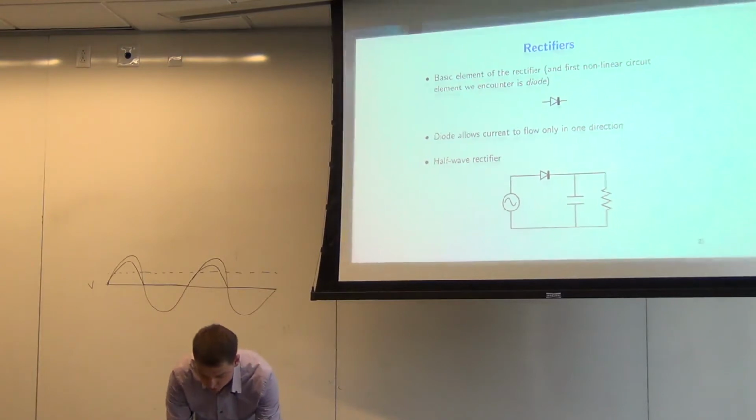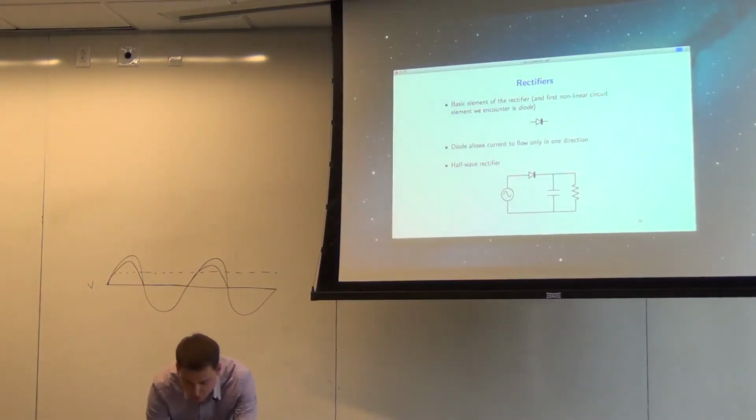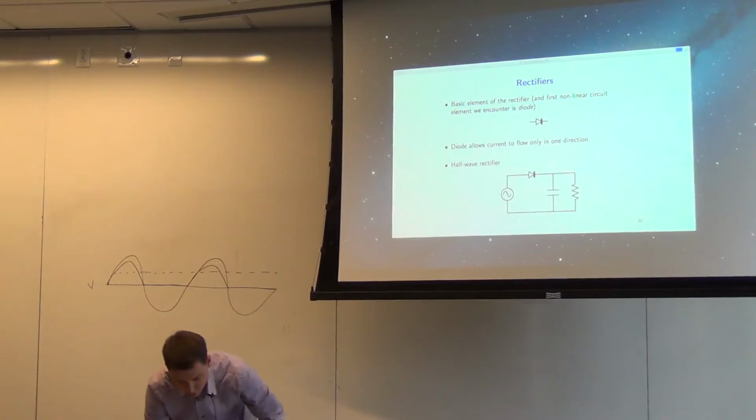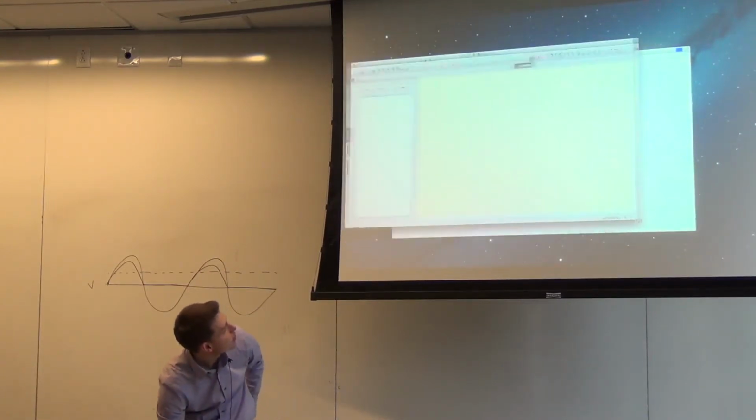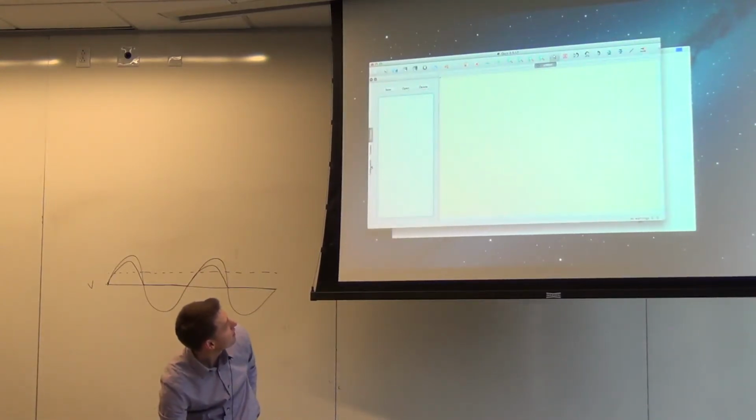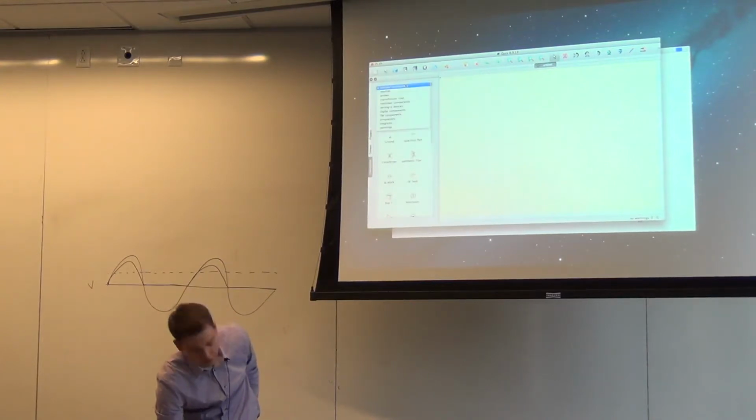So let's take a look at what this looks like in our circuit simulation. I won't build all of these because it's a repetitive process that you went through on the homework, and we don't have to do it too many times. But let's place everything here. Actually, I'll just do it.